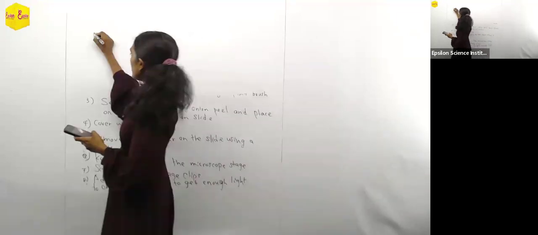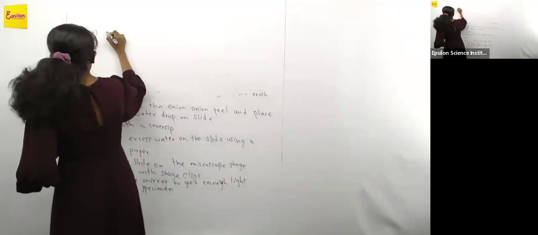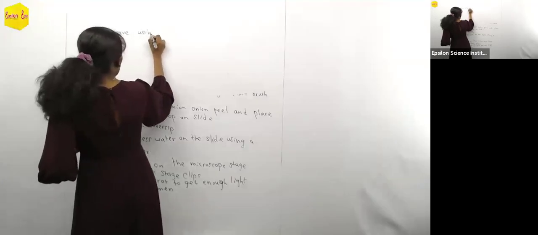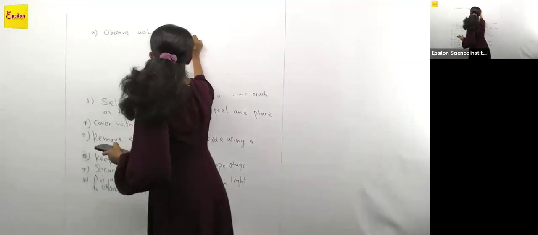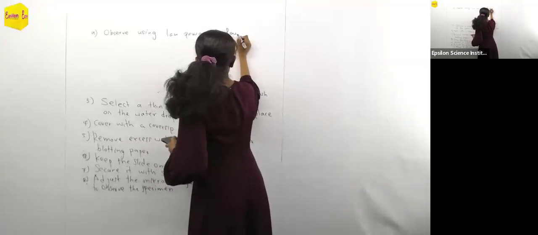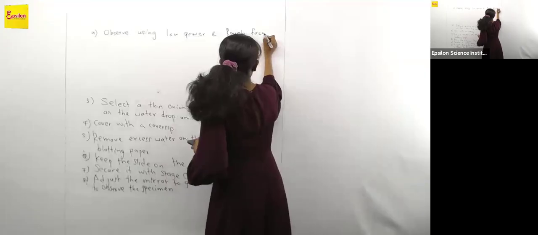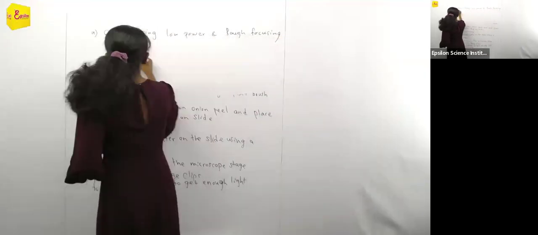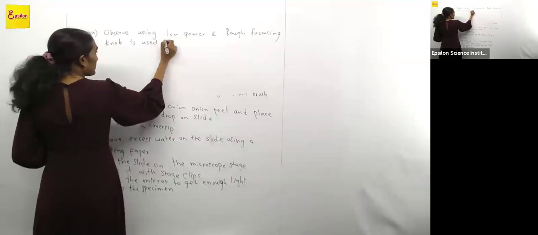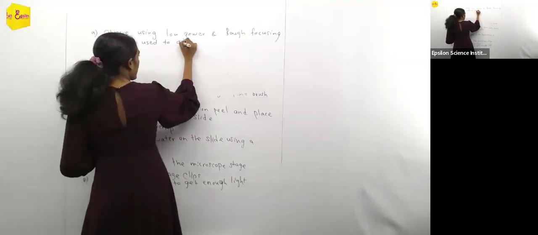Then number 9, observe using low power, and the rough focusing knob is used to adjust.